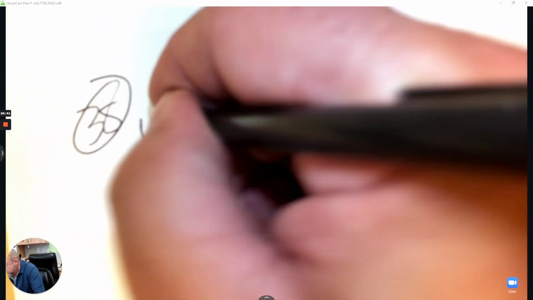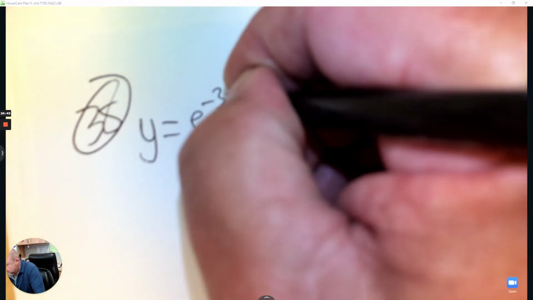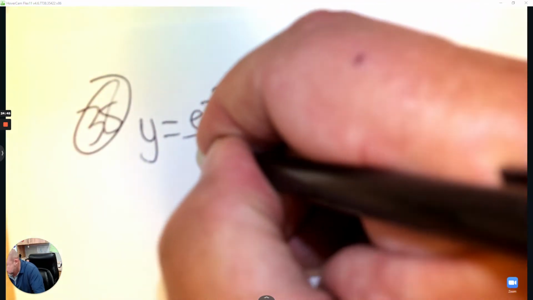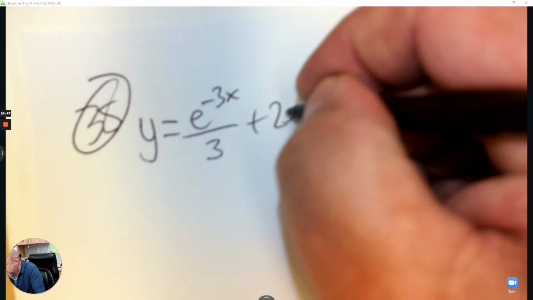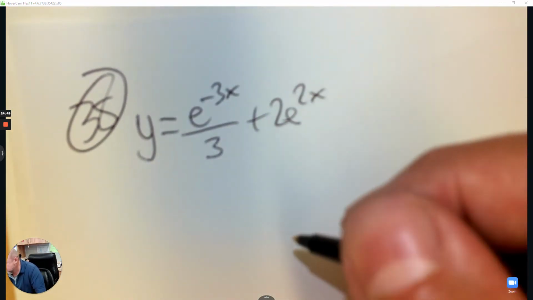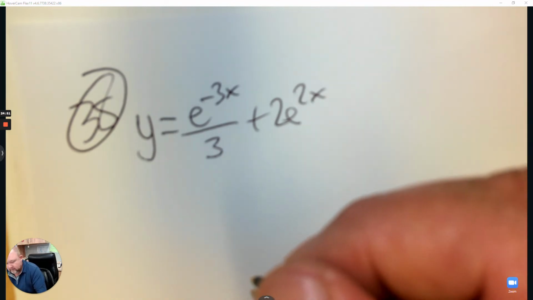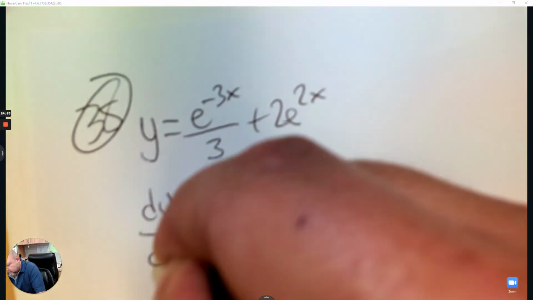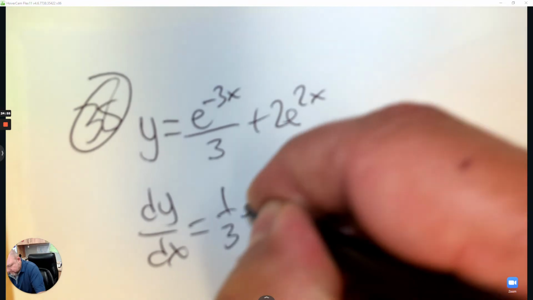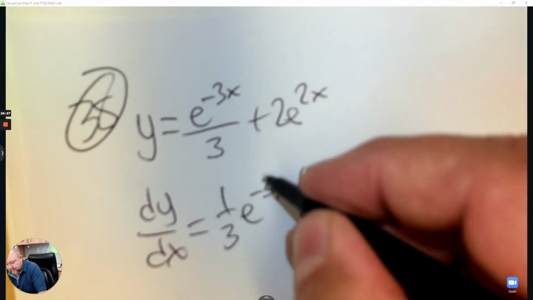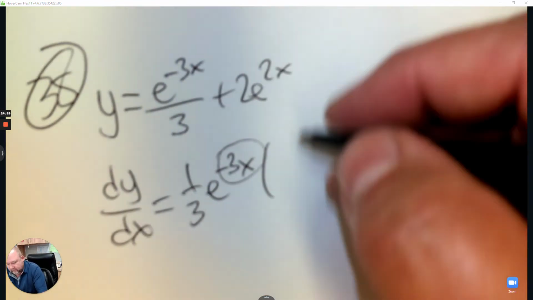Y equals e to the negative 3x over 3 plus 2e to the 2x, and I'm asked to find the second derivative. So the first derivative, I copy it, times the derivative of the exponent.